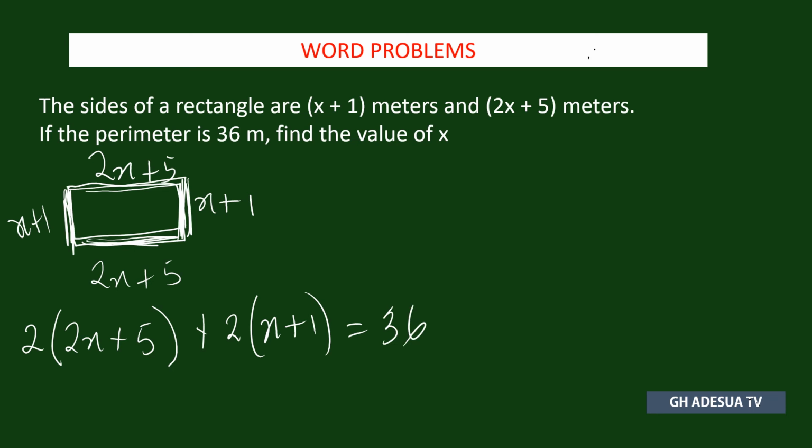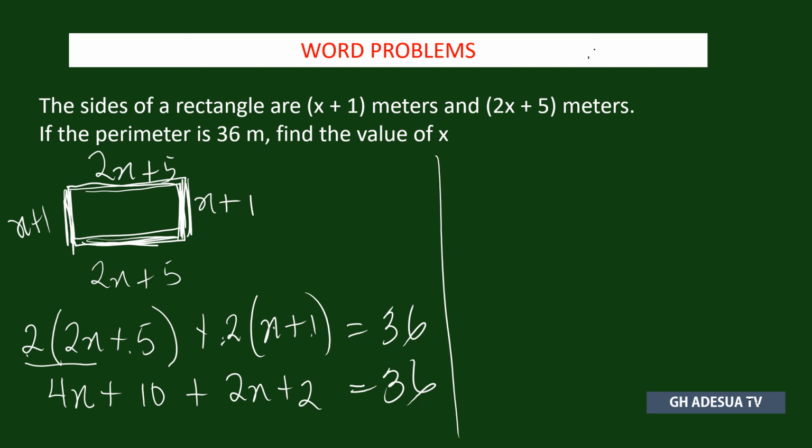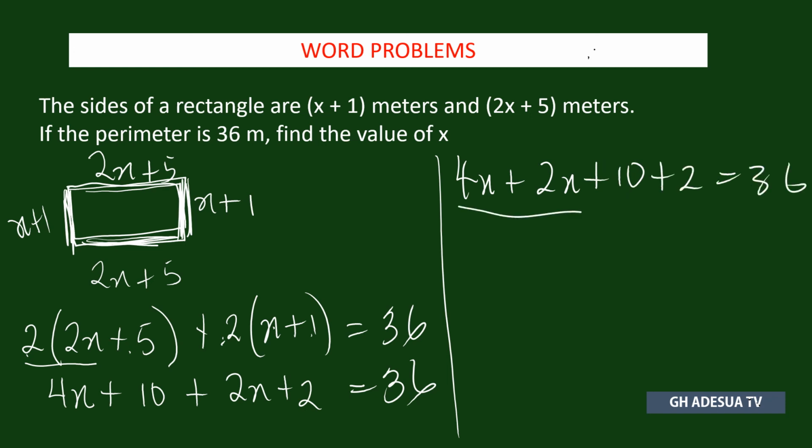So let's expand. 2 times 2x is 4x. 2 times 5 is 10. 2 times x is 2x. 2 times 1 is 2, is equal to 36. Now let's group it in like terms. So we have 4x plus 2x plus 10 plus 2 is equal to 36. 4x plus 2x is 6x. 10 plus 2 is 12.